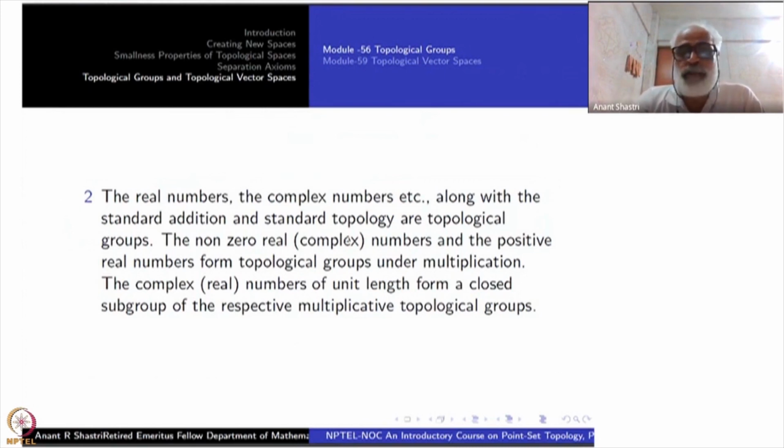The complex numbers of unit length form a closed subgroup of the respective multiplication topological groups, complex or real numbers. If you take unit length of real numbers, it's just -1 and 1. That's a subgroup. Similarly, the unit circle is a subgroup of the non-zero complex numbers under multiplication. So these are the easy examples.